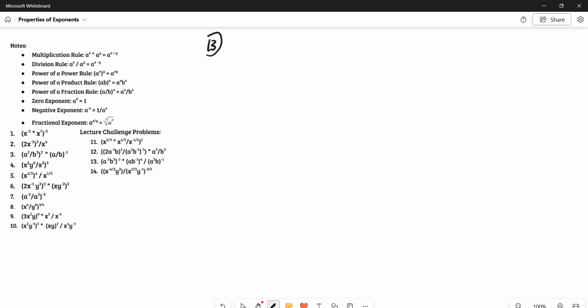All right, number 13. A to the power negative 2 times b to the power 3, all over negative 2.